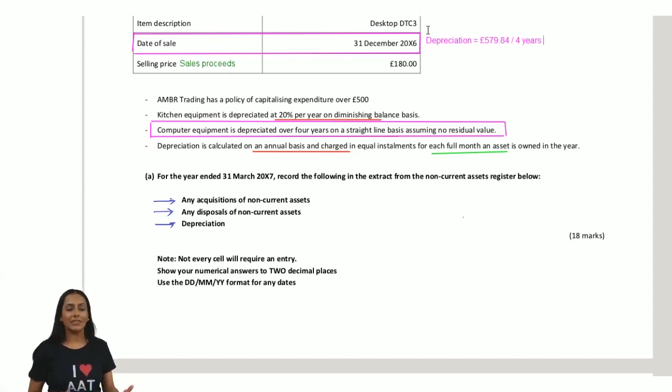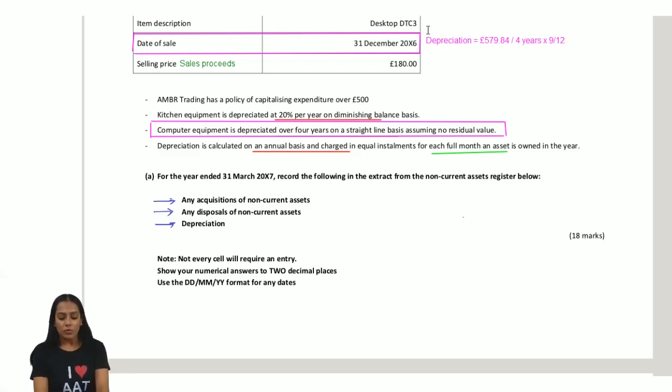Now we haven't had the asset for a full 1 year, so we need to prorata it for the number of months that we've owned it for. We have owned it for 9 months for the year ended March 2017. So you will multiply it by the fraction 9 over 12. Why do we do 9 over 12?